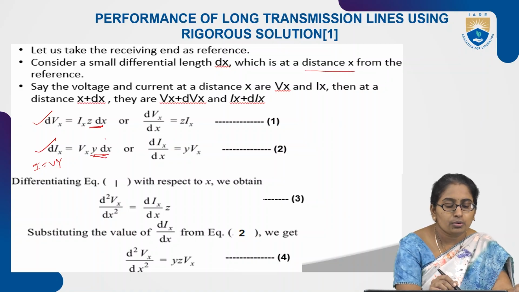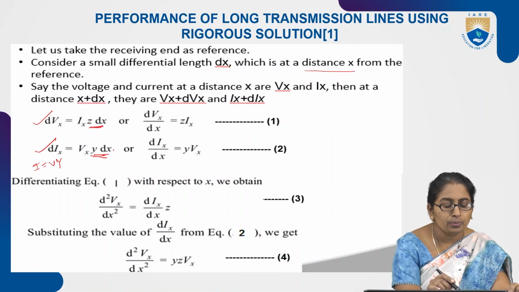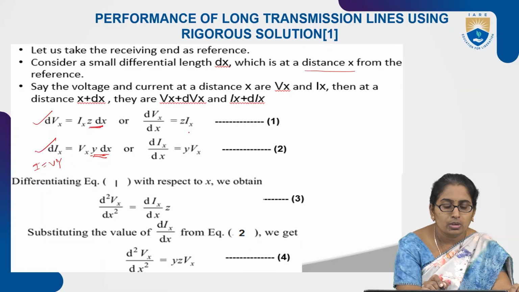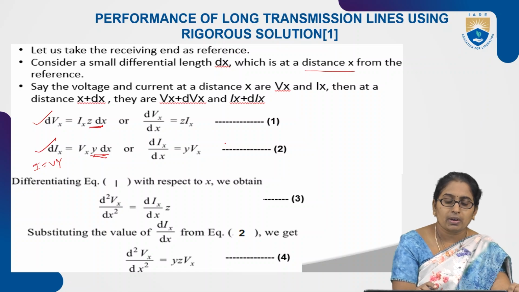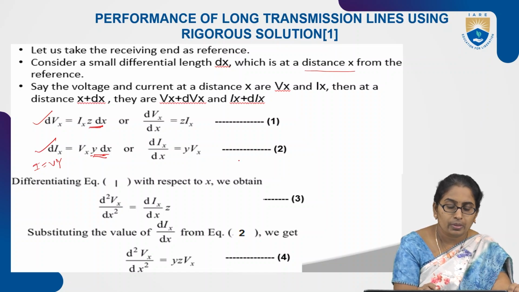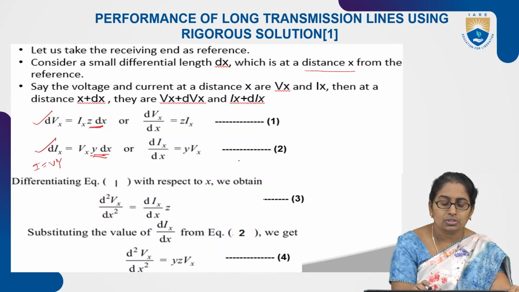After writing these two, write down dVx by dx. From the first one, based on Ohm's law, dVx by dx is equal to z Ix, and from the second equation, dIx by dx is equal to y Vx. Call these equation 1 and equation 2.